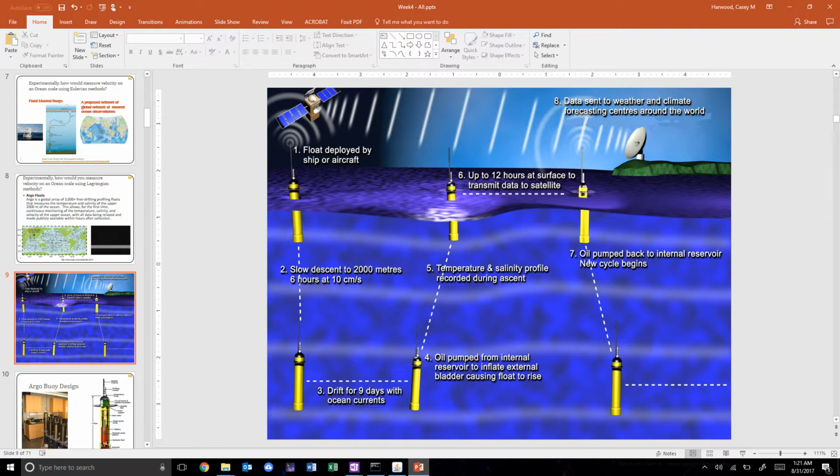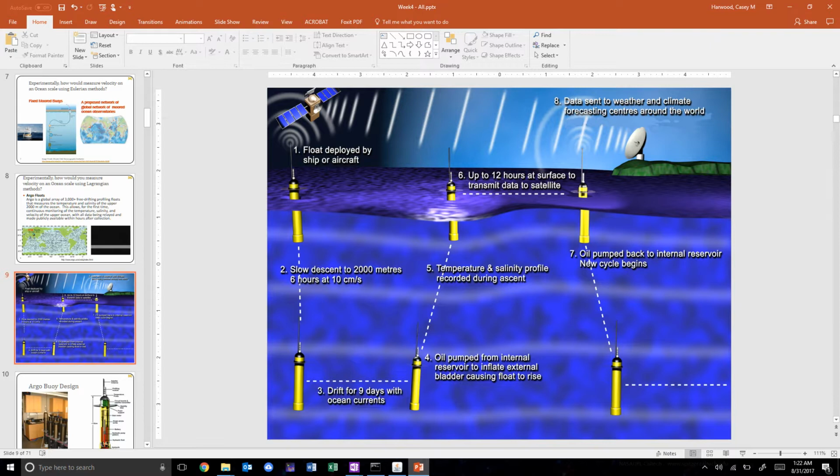Then they'll be given some command that says dive to a predetermined depth, in this case about 2,000 meters beneath the ocean surface. Then they'll sit around and float around with the currents for a while before being told to reascend to the free surface, at which point they could transmit data back about things like ocean salinity, temperature, and currents.